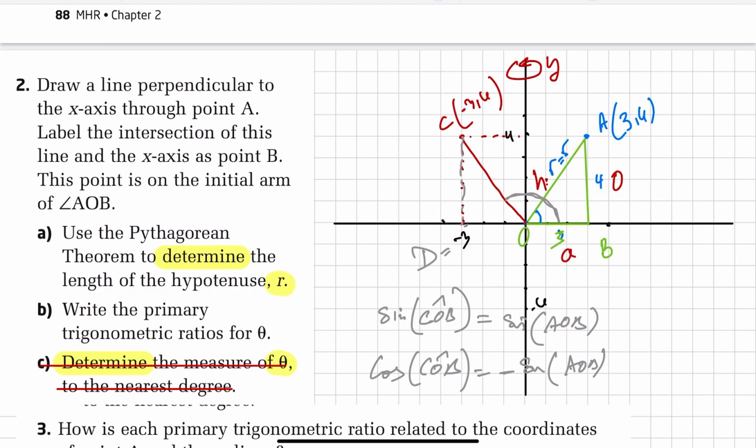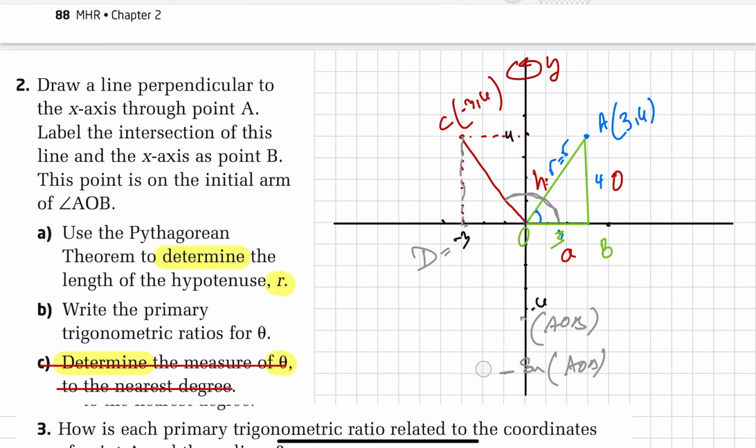This one is in quadrant 1 and this one in quadrant 2. Okay, we can also have this drawn in quadrant 3 and 4.